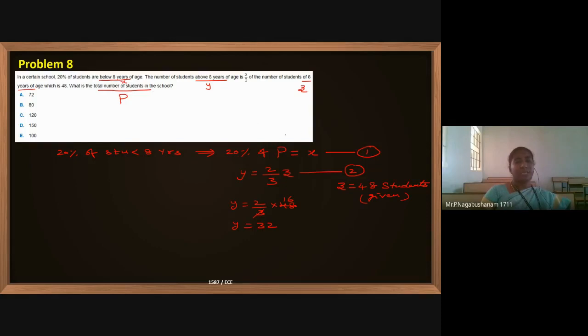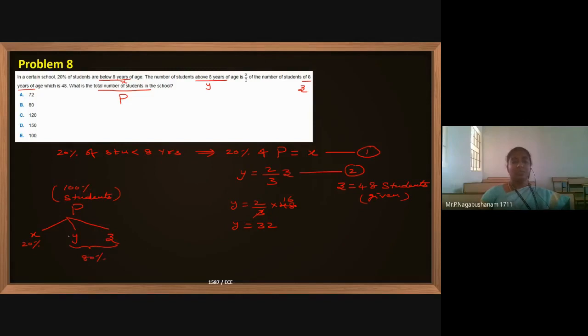Okay. It is also very clear: 100% students are there, which is P. X is below 8 years, which is 20%. Y is above 8 years, Z is equal to 8 years. Together this is 80%.